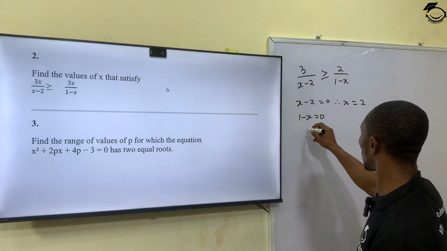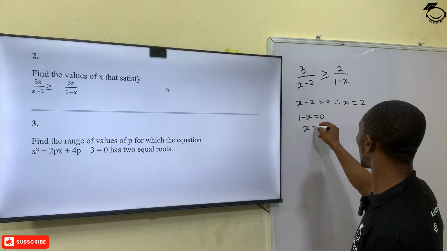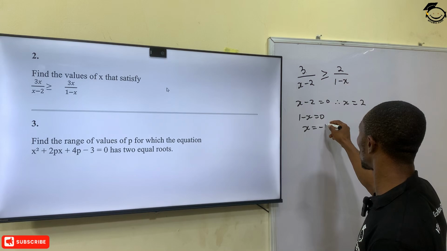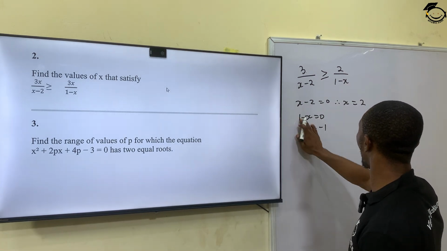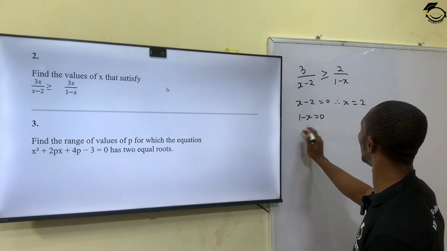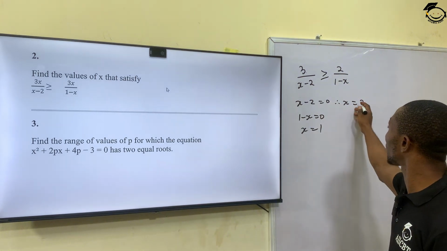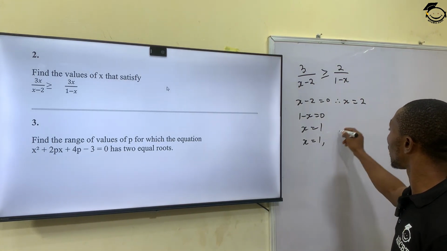Okay, so x will equal minus 1. Okay, so x going over will give us a positive 1. So x equals 1.